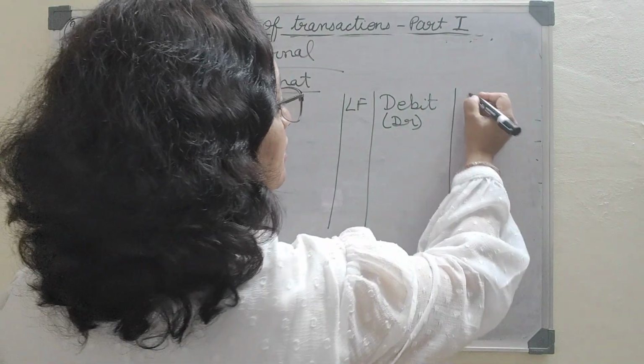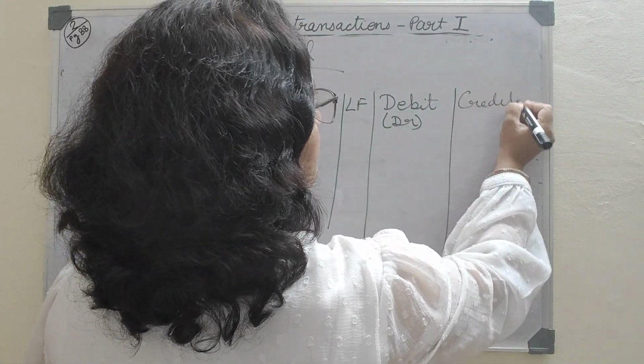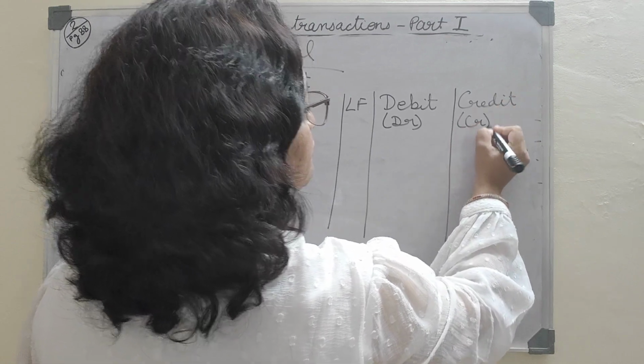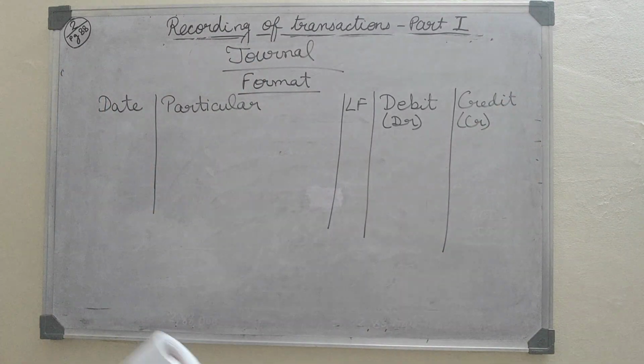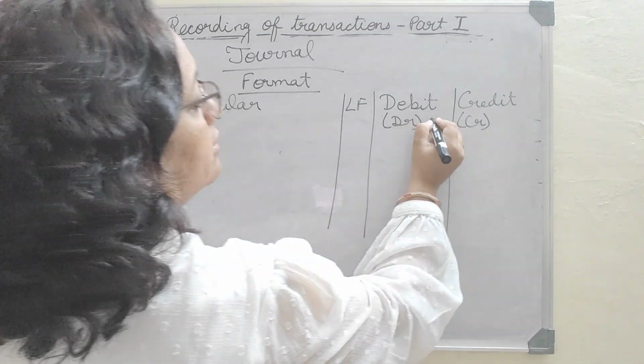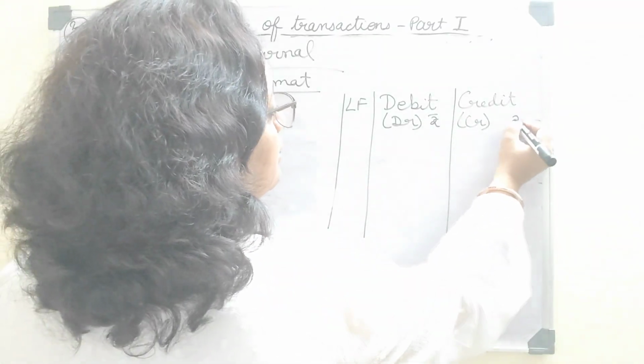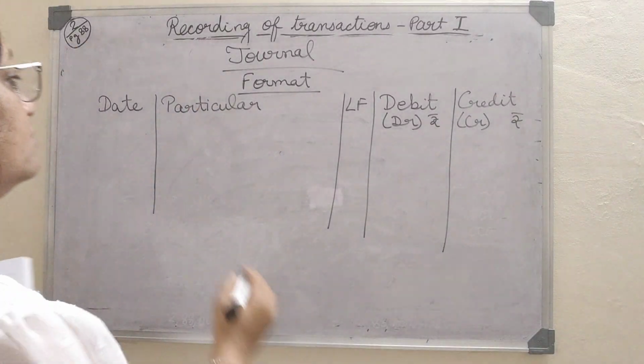Then over here we have debit, and for debit we generally write DR, and over here we have credit, for which we write CR. So both of these amounts are written in our Indian currency, that is rupee.